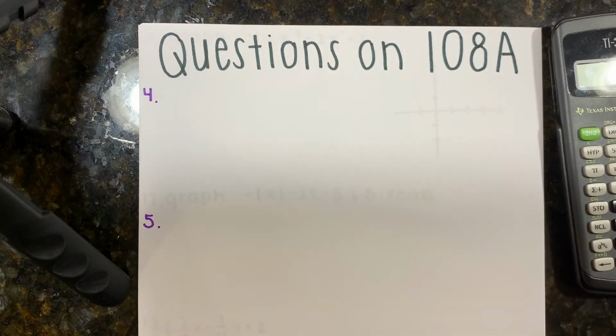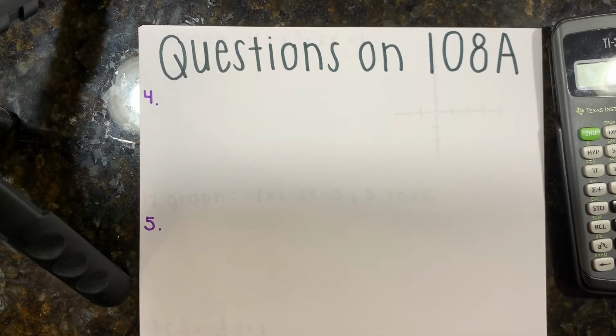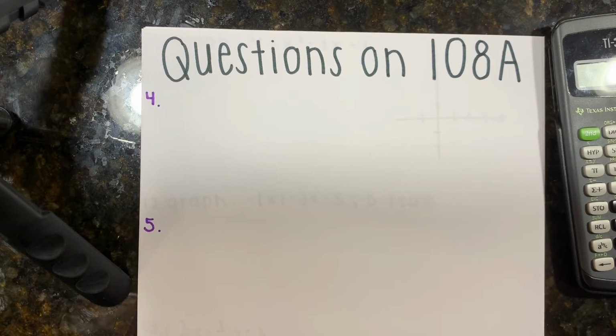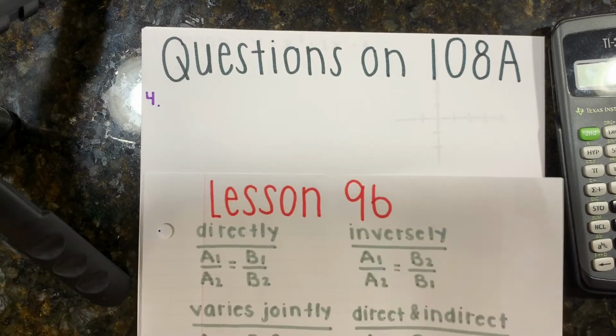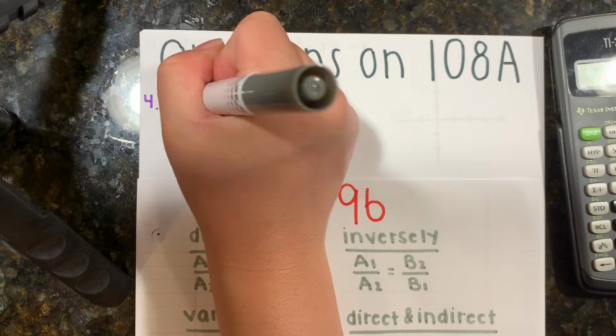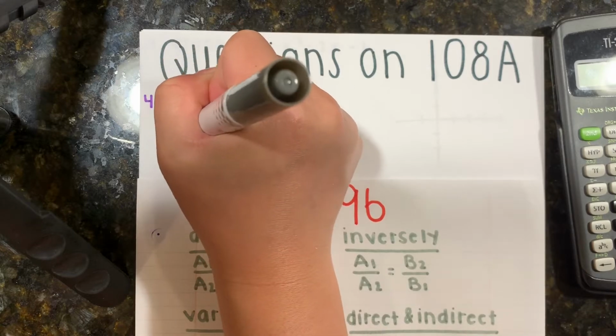So for number 4, we have a word problem here that says yellows vary directly as greens squared and inversely as blues. So what we need to refer back to is our notes from lesson 96. It says that yellows vary directly, so I'm just going to do y1 over y2.